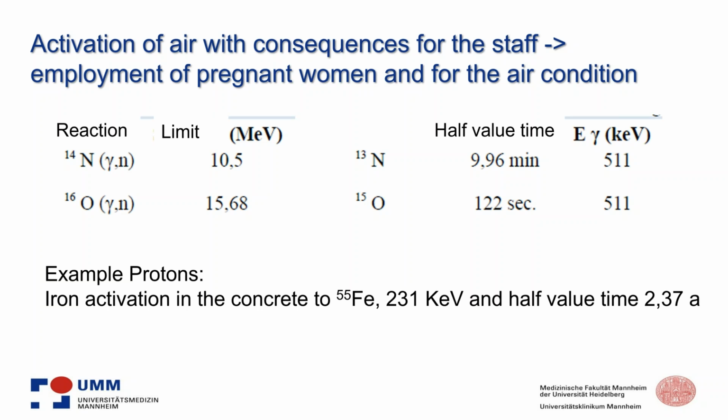And the energy is very high, these are 500 keV. So in our radiation protection regime, pregnant women are not allowed to work at accelerators with a higher energy than 10 MeV because of these activation processes in the air, because pregnant women are not allowed to be exposed by isotopes.